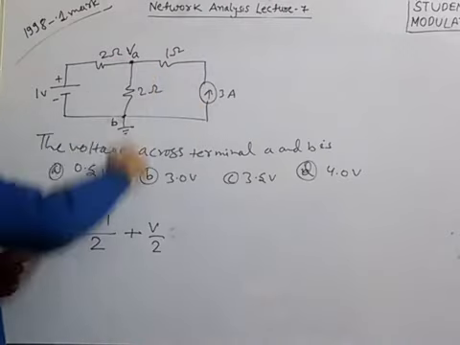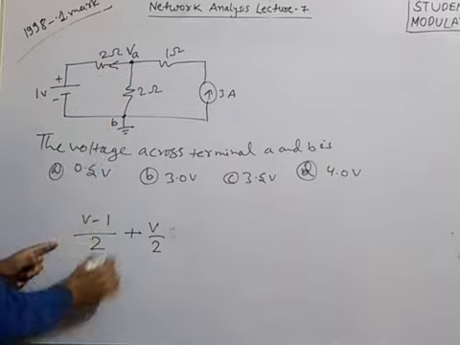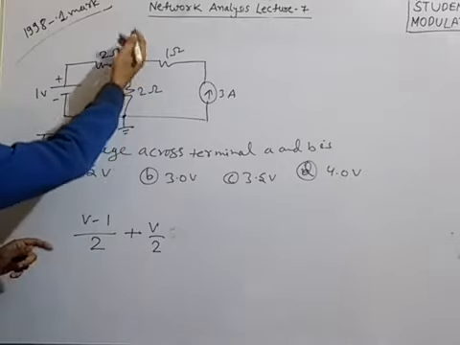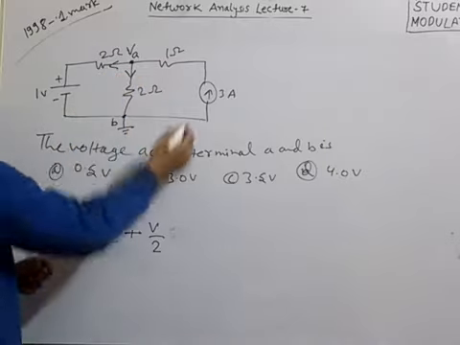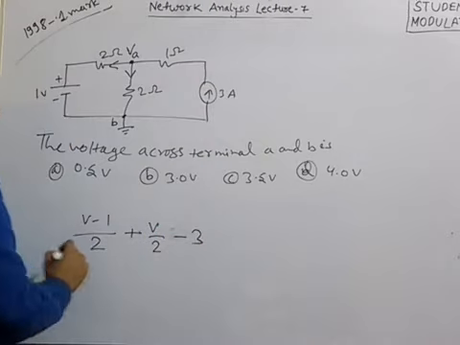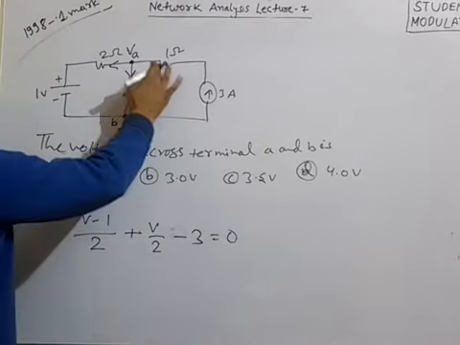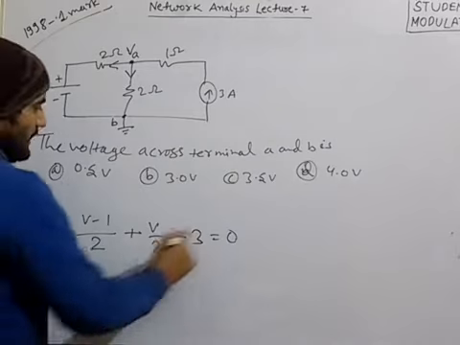So these are the outgoing currents, I have written this current as outgoing, this current as outgoing, and this is the incoming current. So this will be written as minus 3. So minus 3 equals 0. This resistance will be of no use.